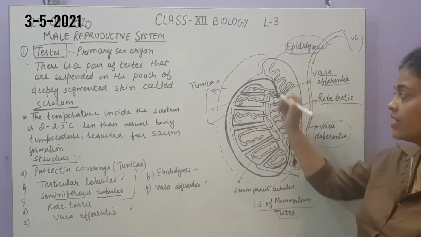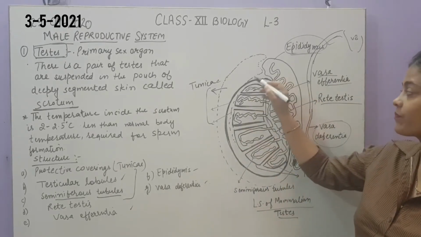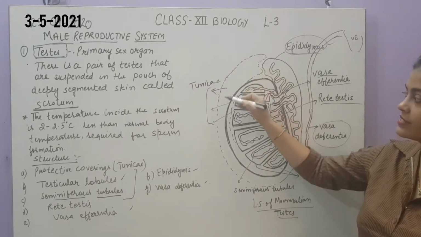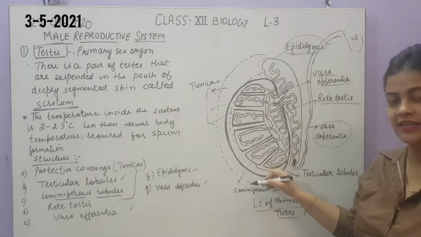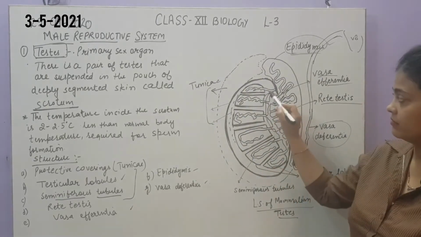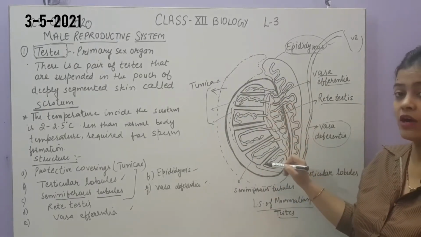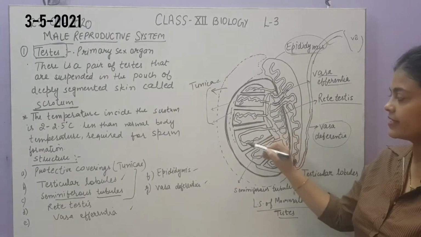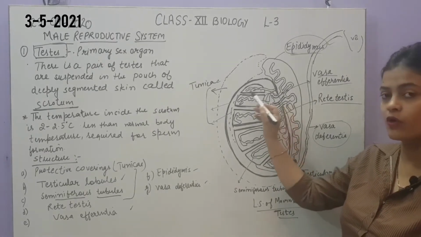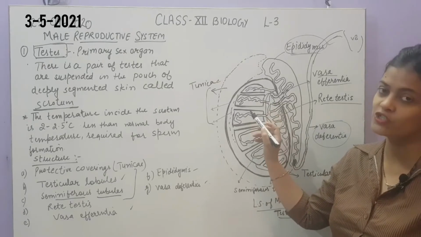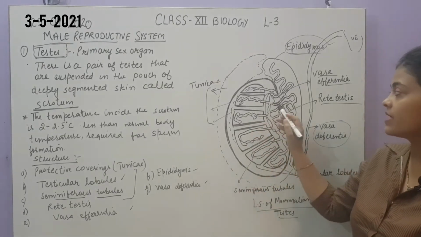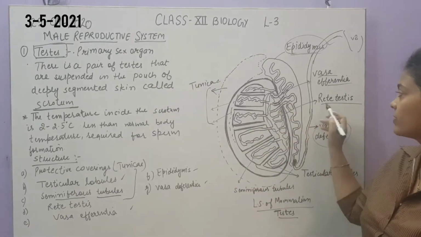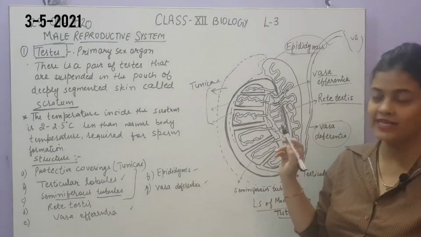Now is it clear? The outer portion, this is the testis, and this covering is the tunica, which will protect the testis from any injury. These compartments are called testicular lobules. Inside the testicular lobules, these coiled structures are called seminiferous tubules. From the seminiferous tubules, this network-like structure arises, which is called rete testis.